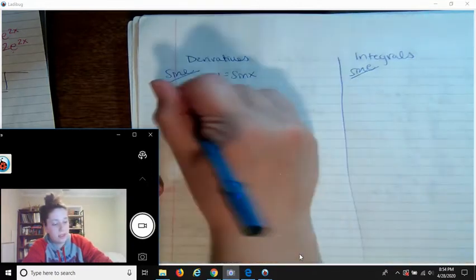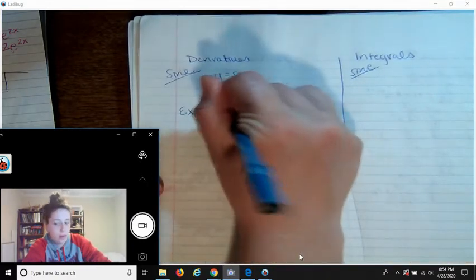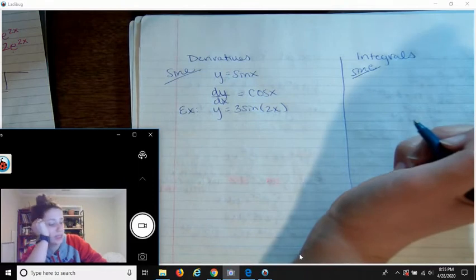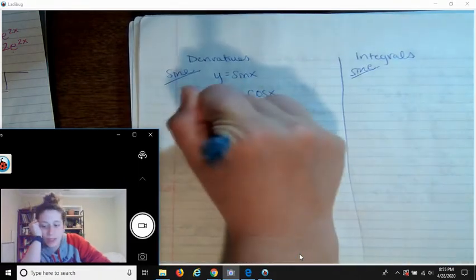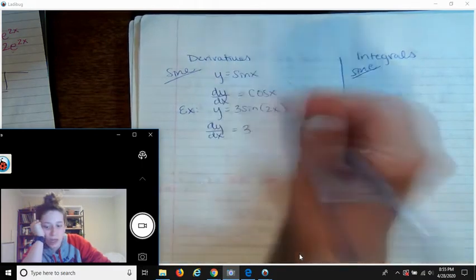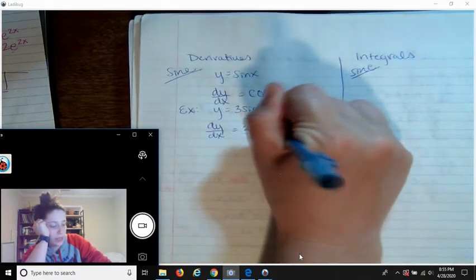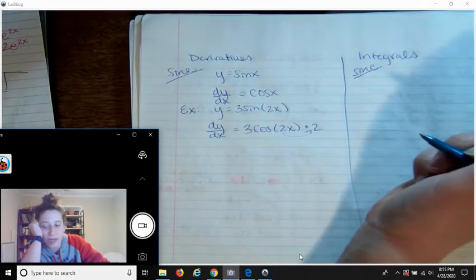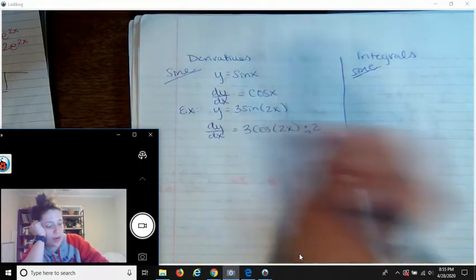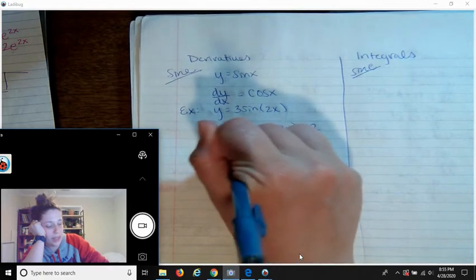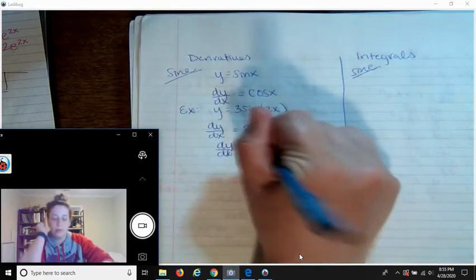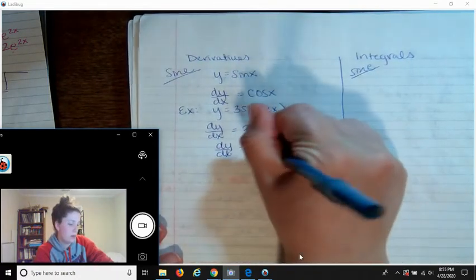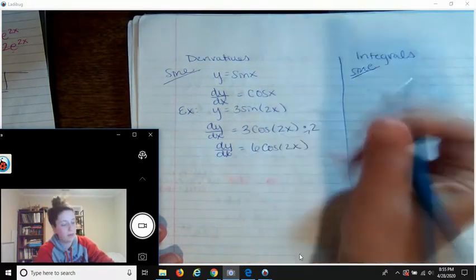And then our example, y equals 3 sine of 2x. So my dy dx should be 3 cosine of 2x, and then times 2. This times 2 comes from my chain rule that I did right here, okay? And then when I combine all of my like terms and my coefficients, I should get 6 cosine of 2x. Okay, that should be my final answer.